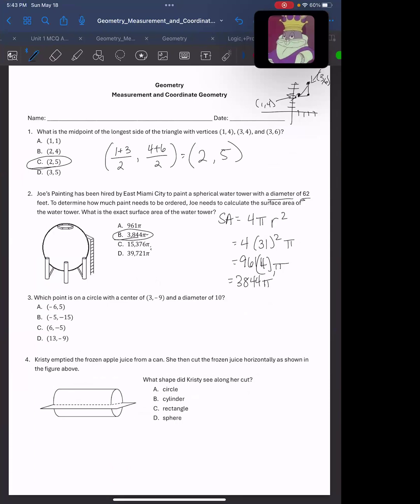Next one, we have: which point is on a circle with a center of 3, -9 and a diameter of 10. Okay, so now I have my circle, right?